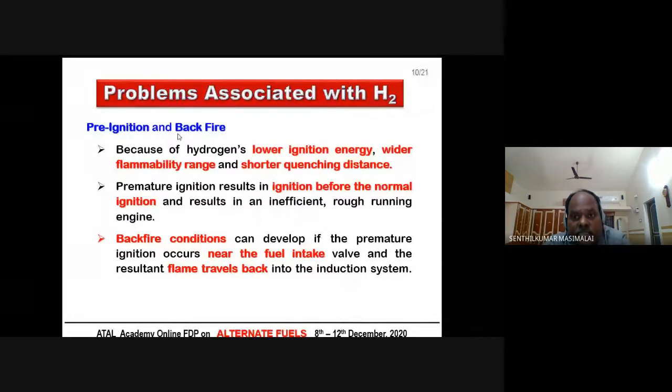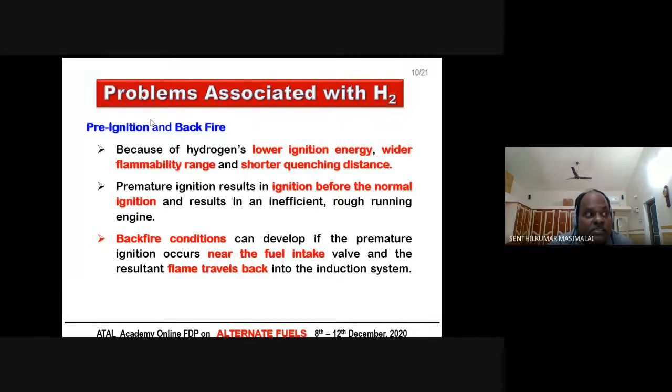That's why the research is still focused on using hydrogen, but it has not come to commercial usage. A number of biofuels are used, but hydrogen is not used yet in our automobiles. The problem is safety: fuel handling and safety.